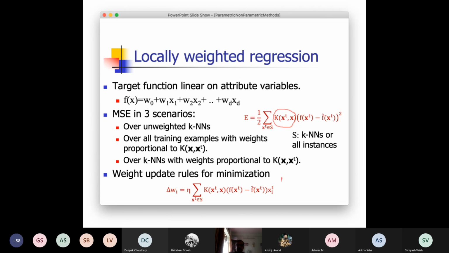At each iteration you add a value proportional to the negative of the gradient, and you go on iterating till the Wi's get stabilized. There are proofs for the convergence for convex functions and other things. So this is the method which is used to get a locally weighted regression function and use it for your prediction. Any questions?